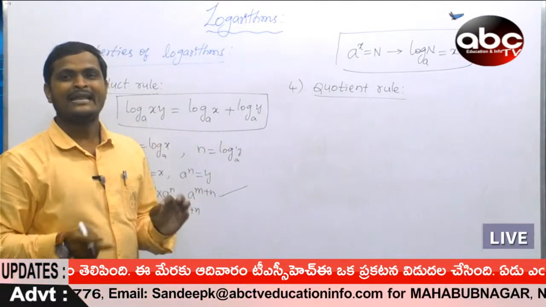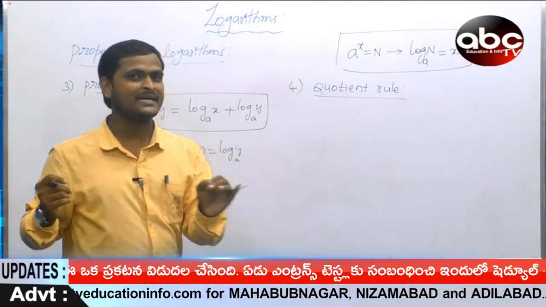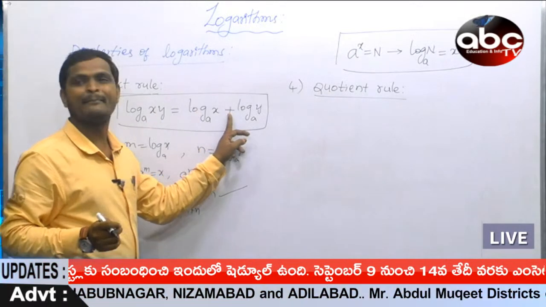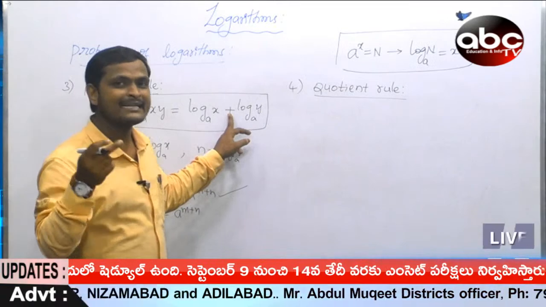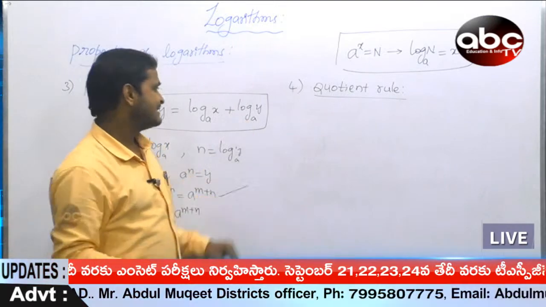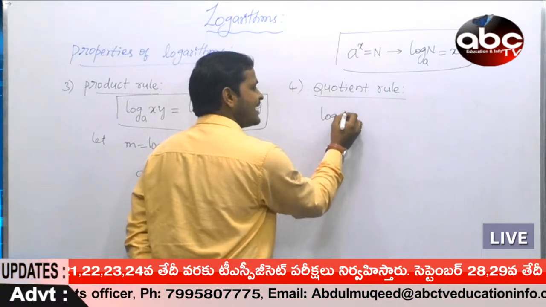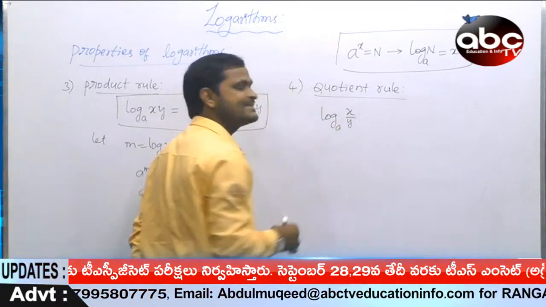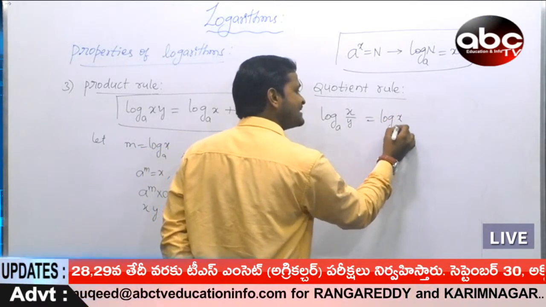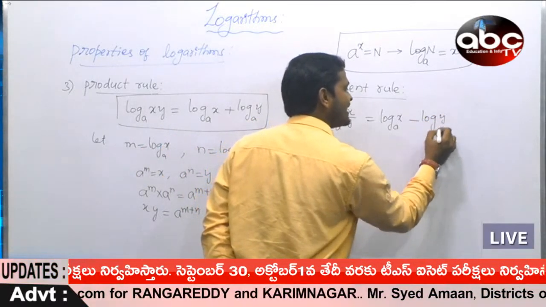Already you know, in mathematics we have four basic operations: addition, subtraction, multiplication and division. Observe here, multiplication, we get a sum, right? Similarly, what are the remaining two operations? Division and subtraction. Then you can say, very simple, log x by y base a, then we get log x base a minus log y base a.